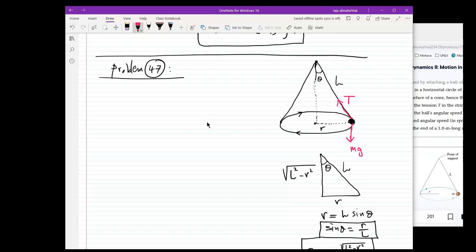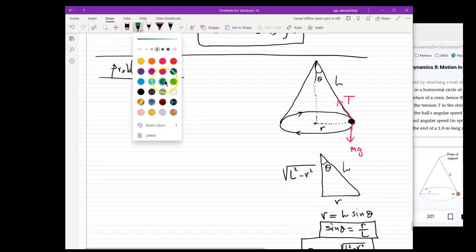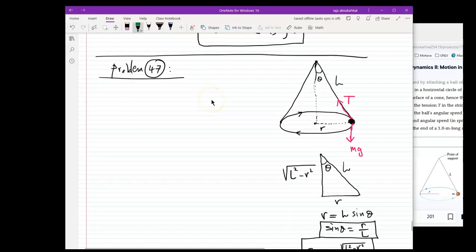So now I can resolve, let me resolve it in a different color as well. How about green? I can resolve the tension T right here using theta. So it has two components. One component this way, again, excuse my crooked lines, and one component this way. This is the angle theta right here.